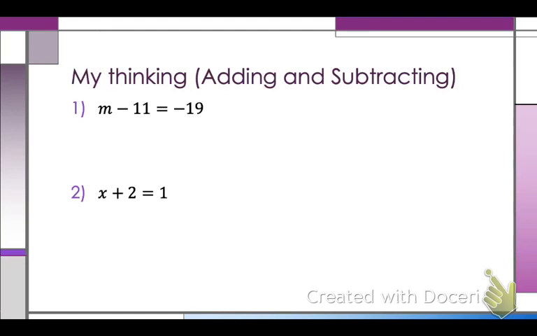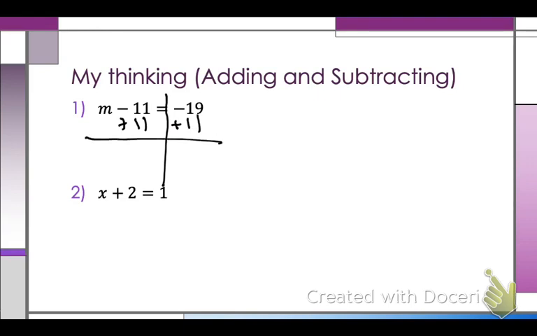So how you solve one-step equations: line down the middle. You're trying to undo what is happening to the variable. So in this case, it's m minus 11. So to undo that and to move the 11 to the right side, I'm going to do the opposite operation, inverse operation. So the opposite of subtraction is addition. So I'm going to add 11 to both sides.